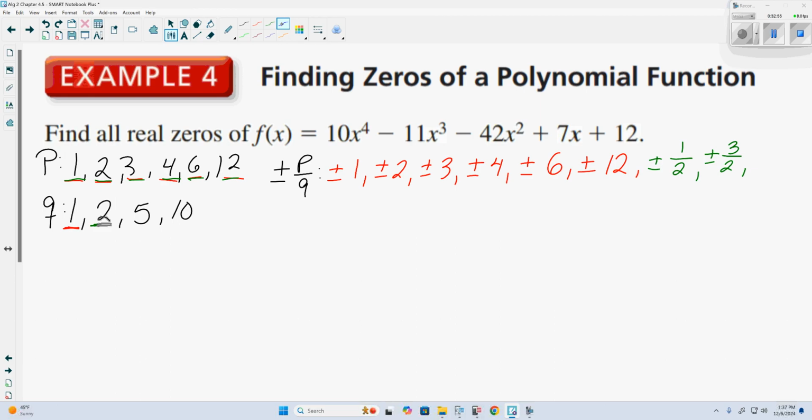No. So when we go through this here, 1 over 5 is just going to be plus or minus 1/5. 2 over 5 is plus or minus 2/5. 3 over 5 is plus or minus 3/5. 4 over 5, plus or minus 4/5. 6 over 5, plus or minus 6/5. And lastly, 12 over 5 is plus or minus 12/5. We're just putting them over the top of each factor.